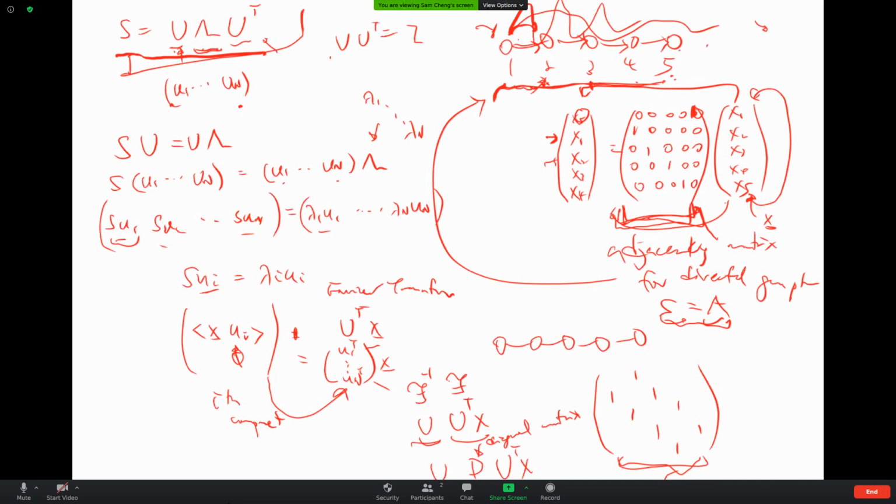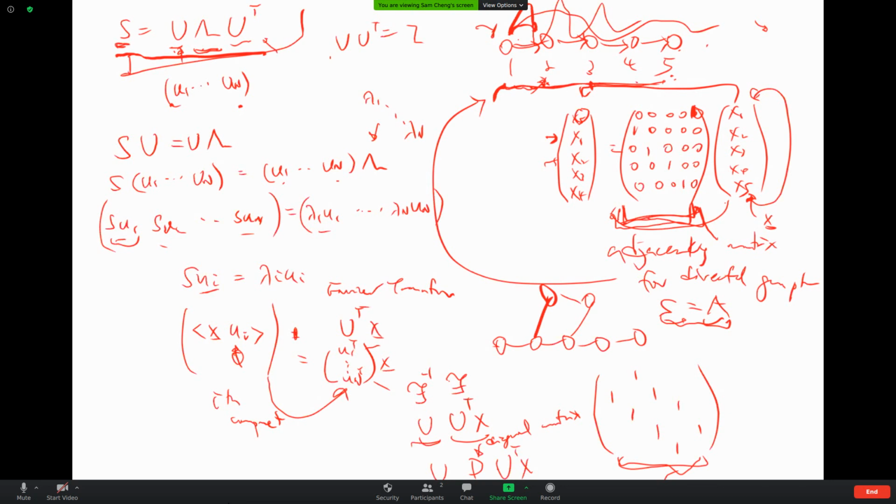But if I have an undirected graph, not an undirected path, I can have trees, or I can have loops, that can be a general graph here, then it's not very clear when we decompose this S into the eigenvectors what these eigenvectors are supposed to look like. But anyway, that's what people did.